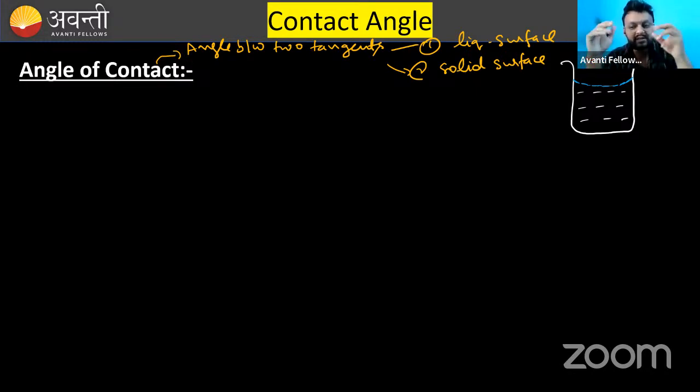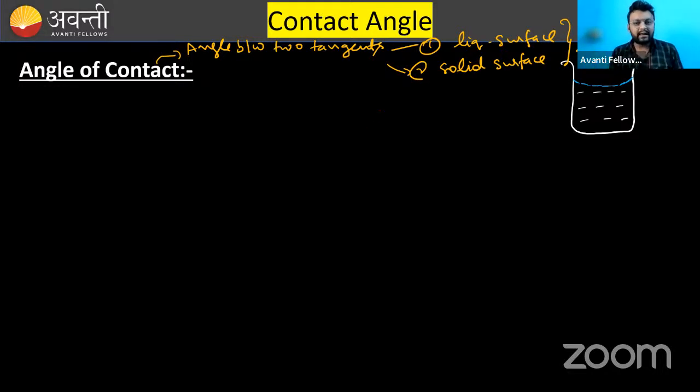One tangent is on the liquid surface, and another tangent is on the solid surface. Now, at which point do you need to draw the tangents? You need to draw the tangents at the point of contact.